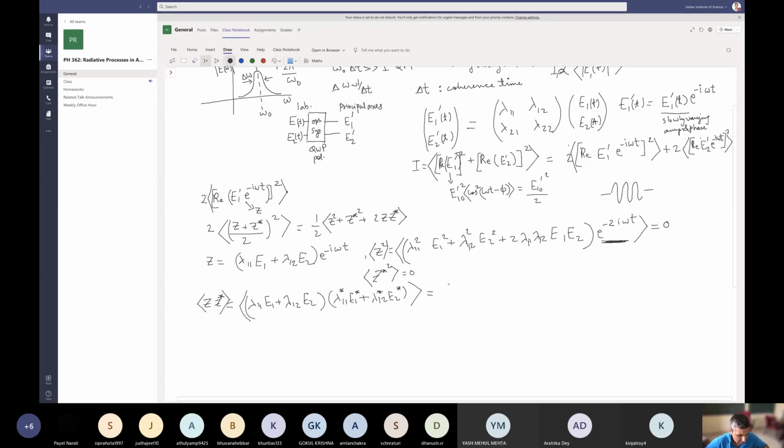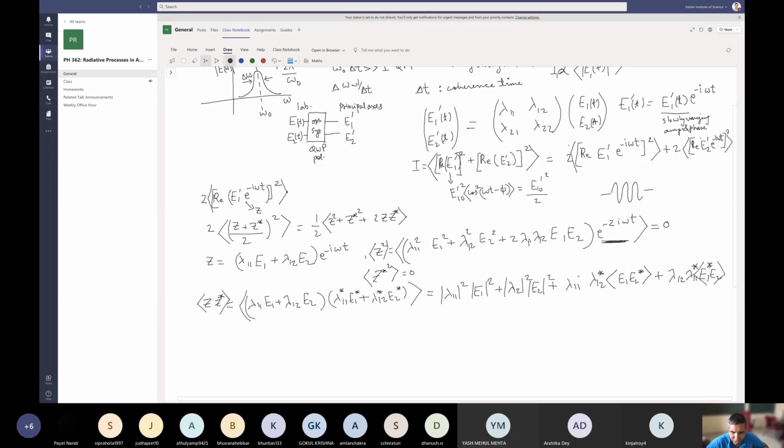So this is nothing but lambda 11 absolute value squared, e1 absolute value squared, plus lambda 12 absolute value squared e2 squared, plus lambda 11 lambda 12 star cross terms. So this is what we'll have.